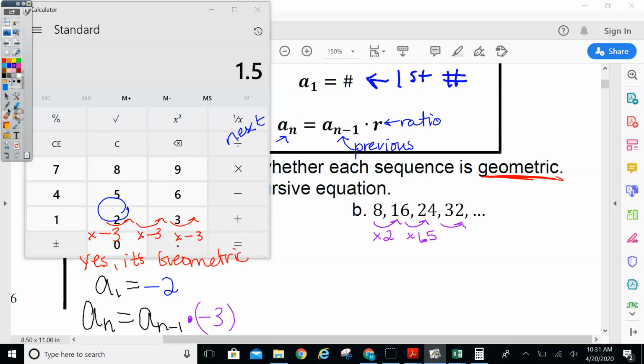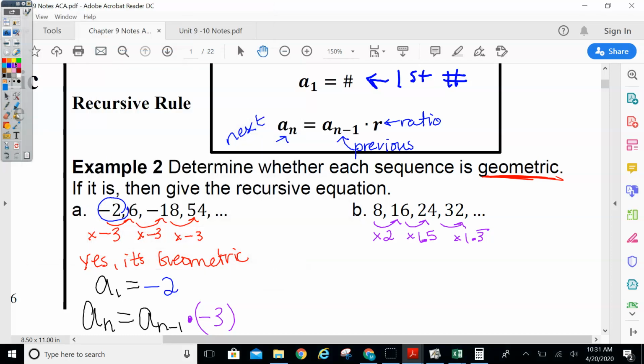To check the last one, as long as one of them's not the same, you say no. To check what you multiply by, you do 32 divided by the previous one to get your ratio. So this one is now times 1.3 repeating. Because they're not the same, you just say it's not geometric, because you're not multiplying by the same number. You only need 2 of those in order to tell. That's basically what we're doing here in the notes.